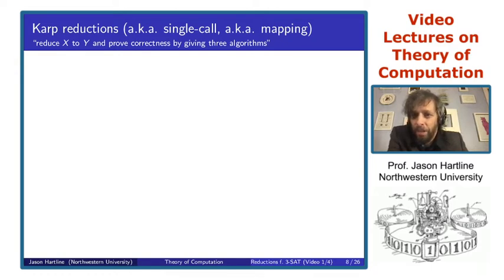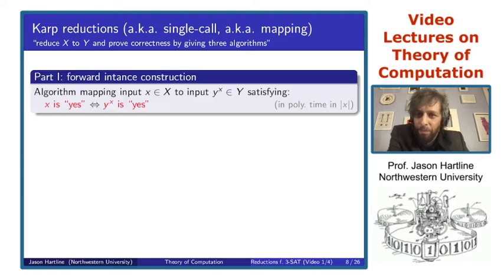These are called Karp reductions, or single call reductions, or mapping reductions. And what we're going to be doing in this lecture is discussing how to construct this kind of reduction. One of the things that's nice about this kind of reduction is that you can view it as simply giving three algorithms.